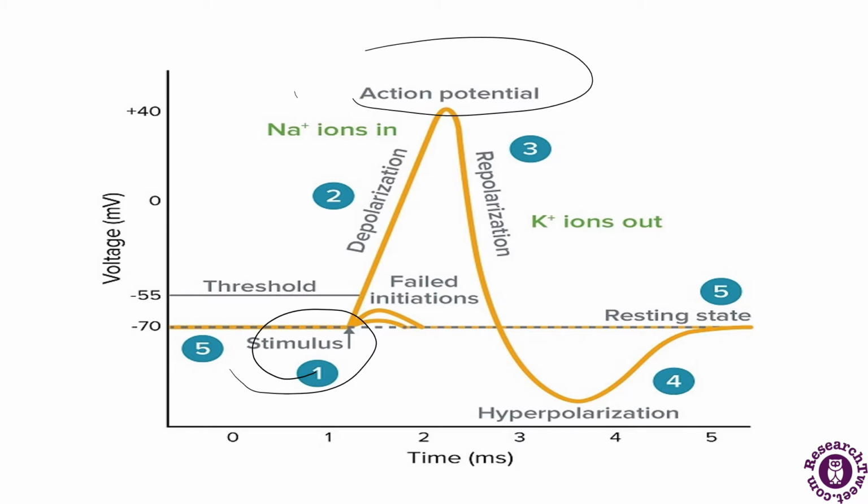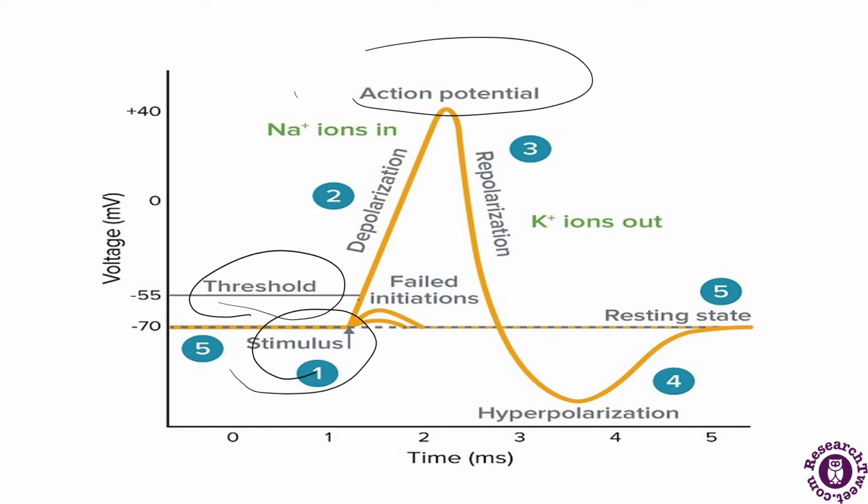Sub-threshold stimuli cannot cause an action potential, and threshold stimuli have enough energy to produce an action potential. You can see there is a threshold represented here. Super-threshold stimuli also produce an action potential, but their strength is higher than that of the threshold stimulus.